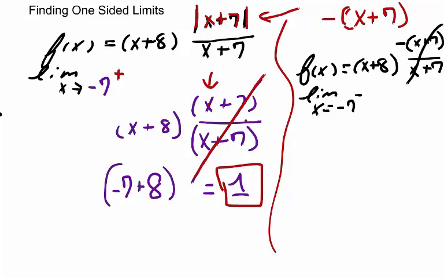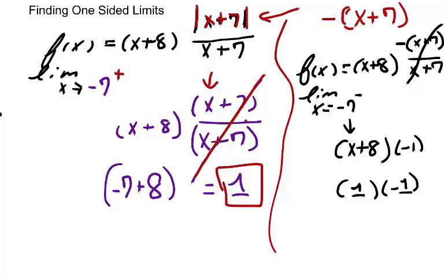We'll cancel x plus 7 over x plus 7. This leaves us with x plus 8 times negative 1. Substituting negative 7 for x gives us positive 1 times negative 1. And our limit, in this case, when x is approaching from the left, is equal to negative 1.